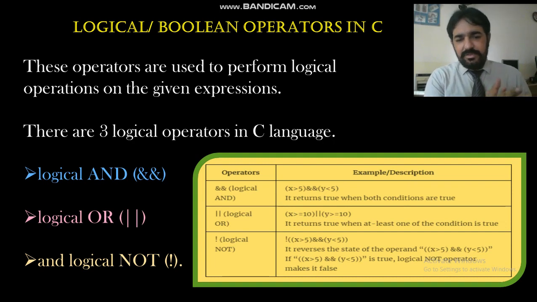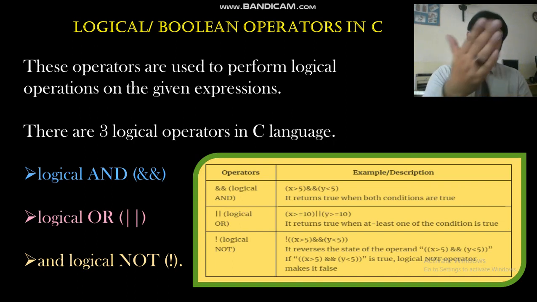Then logic NOT gate: not x greater than 5 and y less than 5. It reverses the state of the operand. Means if the value is true, it will reverse to not true. If the value is not true, then it will reverse to true.